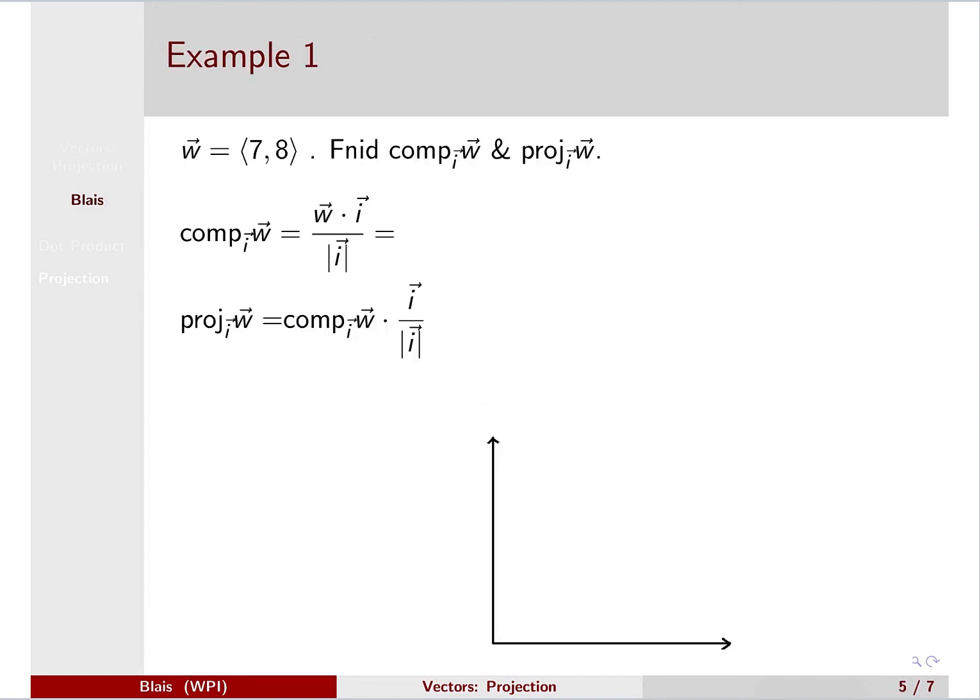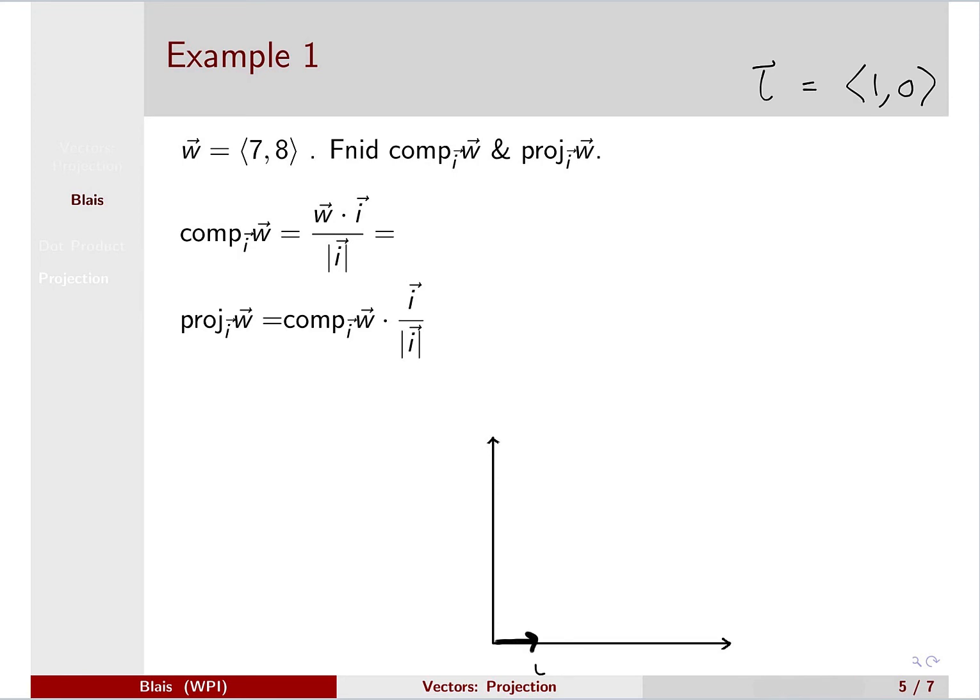Like in this next example. Suppose we have the vector W equals 7, 8. Let's find its scalar projection onto I, and remember, for a two-dimensional vector, I is the unit vector 1, 0. And then we want the vector projection of W onto I. So I can be depicted like this.